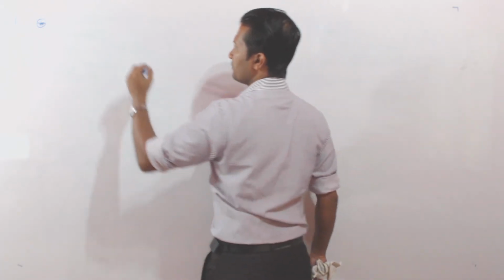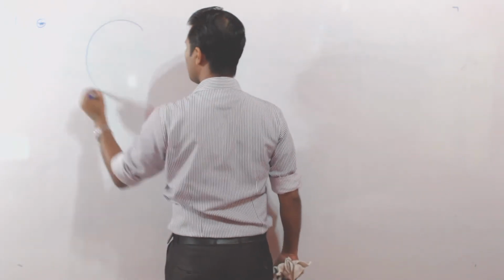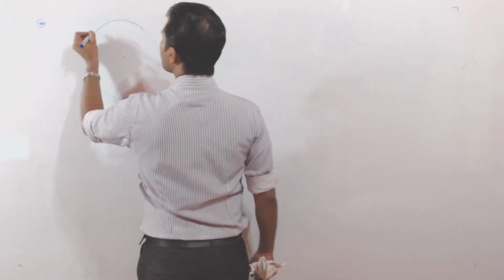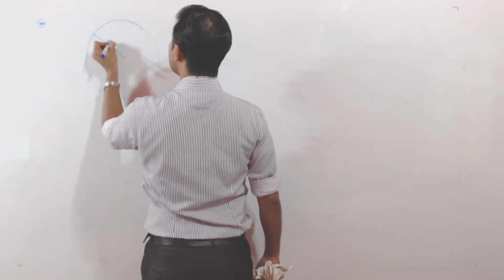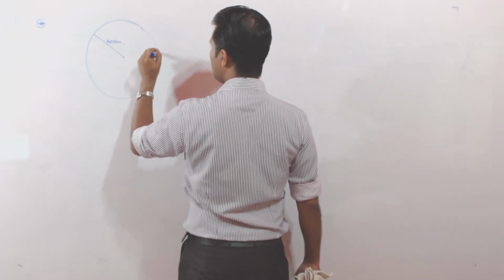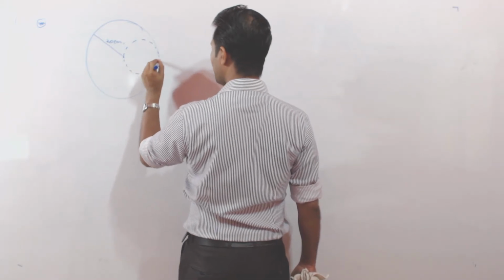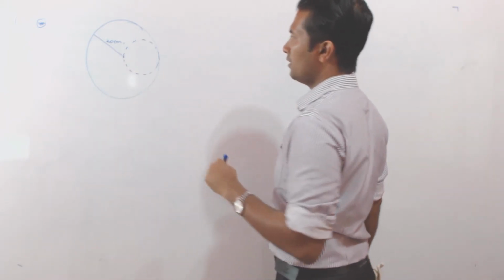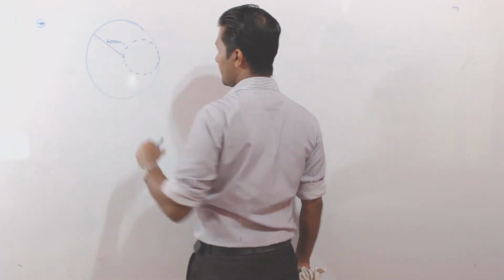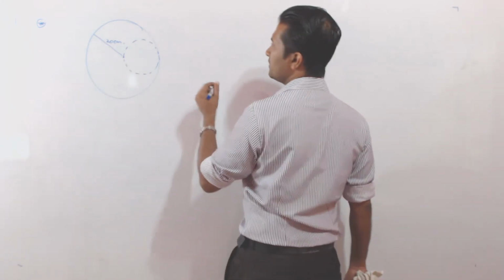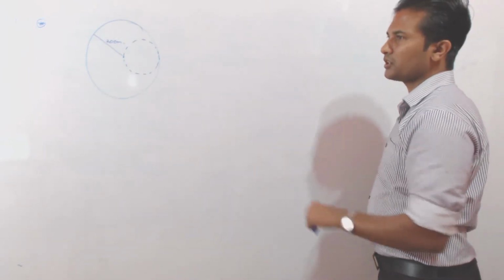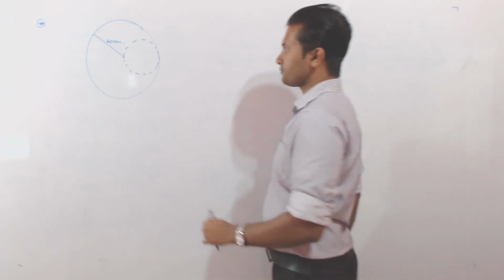Let's move on to another example, which means a circular sheet of radius 10 centimeters is removed from a circular sheet of radius 20 centimeters.